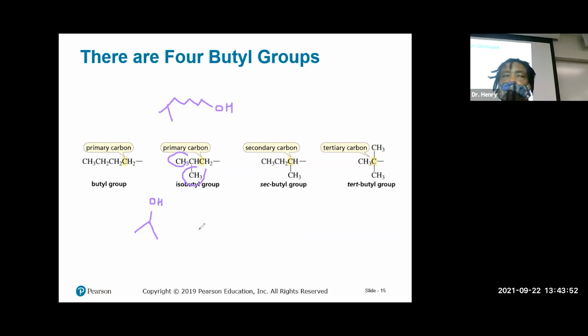Isobutanol or isobutyl alcohol, right? So then it's 1, 2, 3, 4, and then OH. 4 carbons, OH.